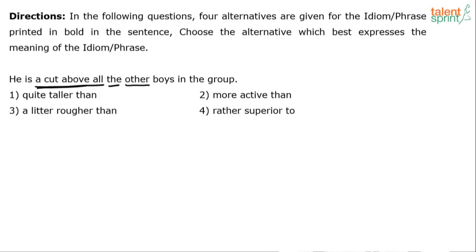A little rougher than? Again, I don't think it has anything to do with rough. The only option is rather superior to. Someone who is better at something than anybody else. So cut above means someone who's better than others. So here it will be he's better than the other boys in the group, or rather superior to the others.